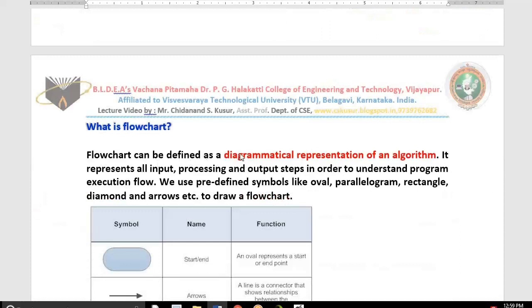Flowchart can be defined as a graphical representation or diagrammatical representation of what? Of an algorithm. What it represents? It represents all input steps, all processing steps, all output steps. In which order the machine is going to execute it, in order to understand program execution flow so easily. In order to draw the flowchart, we use predefined symbols.